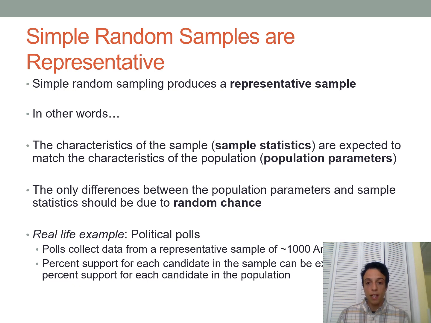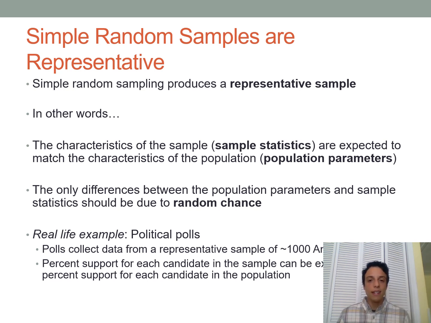Because the sample is representative, in other words, because the statistics of the sample are expected to match the population parameters, we can expect that whatever percentage of people say they're going to support candidate A in our sample is also going to match the percentage of people who support candidate A in the population. Whatever percentage of people in our sample support candidate B, we'd expect that to match the proportion of people who are going to support candidate B in the population overall.